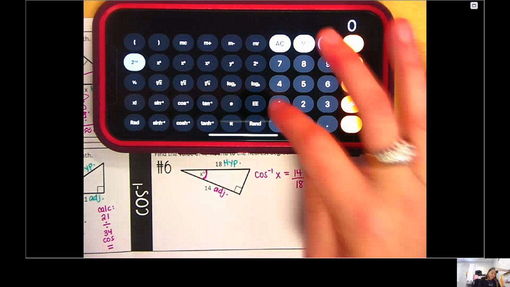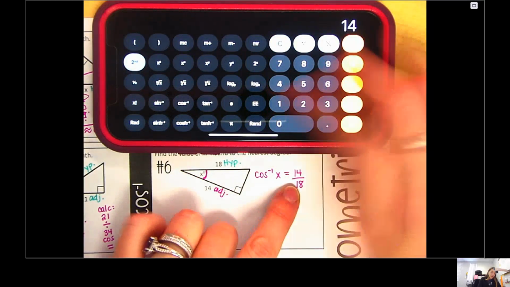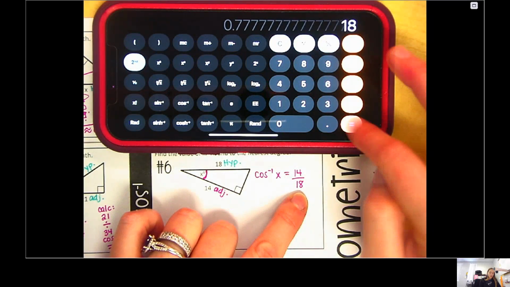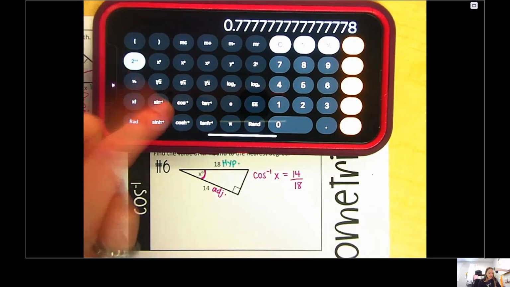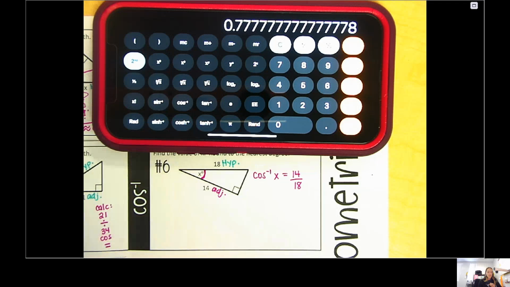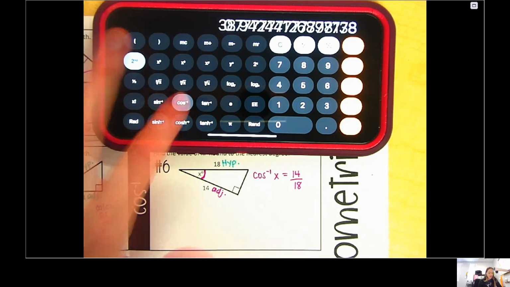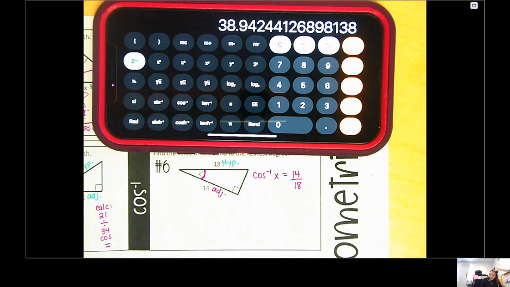Okay, 14 divided by 18 equals 0.7 repeating, and then you push second cosine with the little -1, so inverse cosine. You get angle x is about 39 degrees.